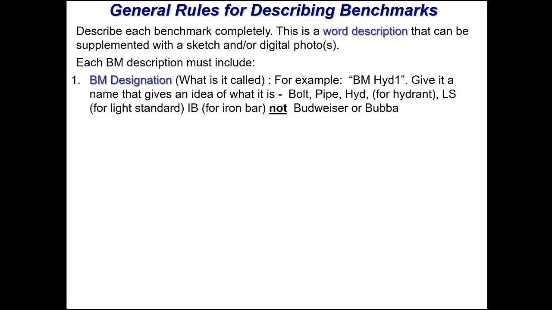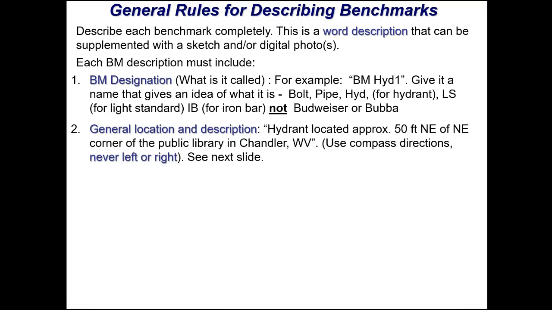Give it a name that makes sense. Don't use something weird. Give it a name, whether it's a bolt, pipe, a hydrant, a spike, something that makes sense later on. Some type of a location in relationship to a particular intersection in a town. Make sure that you use compass directions.